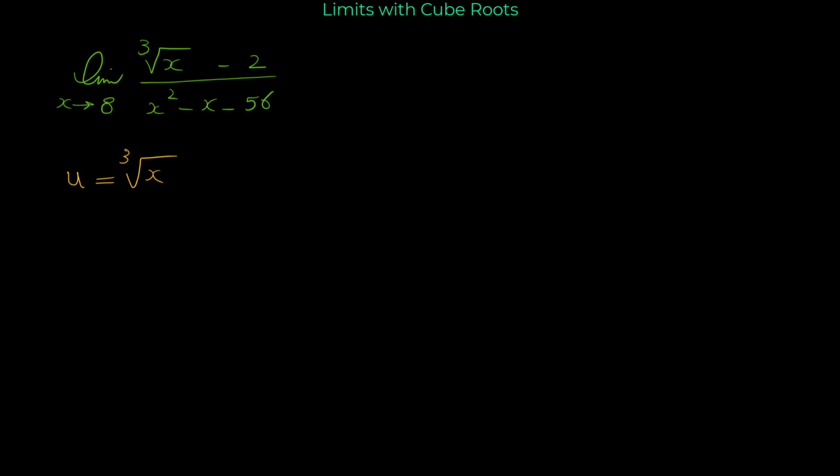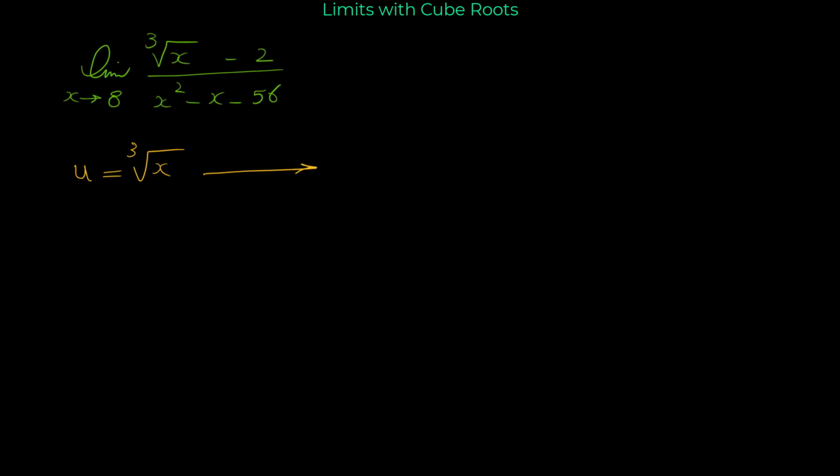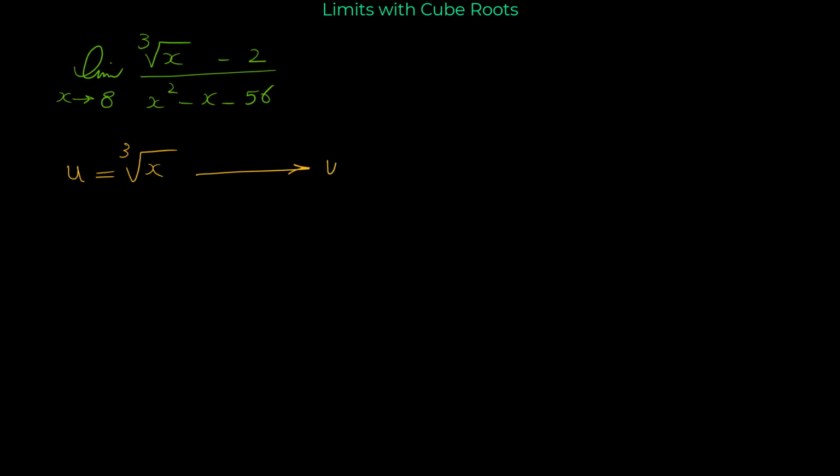And attention, when u is equal to cube root of x, you can find x from this equation. If you raise both sides of this equation to the power of 3, u to the power of 3 equals x.